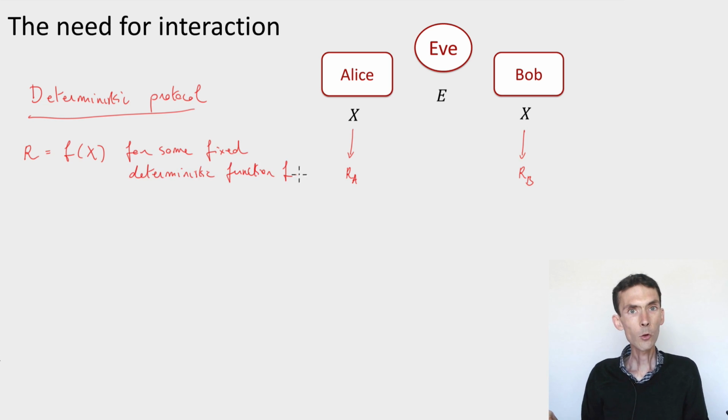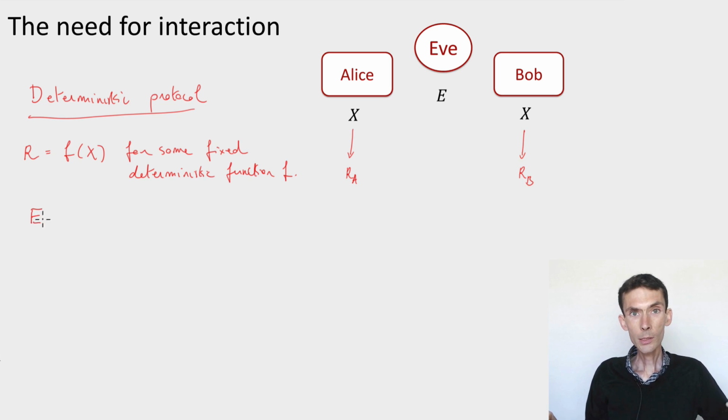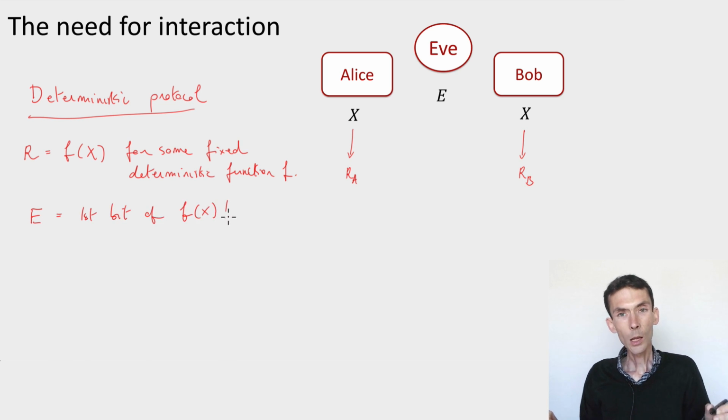And then I claim that the eavesdropper can always break this. What's the idea? Well, we could just simply take as side information for the eavesdropper the first bit of f of x. So that's just one bit of side information. It's something that the eavesdropper could keep. I'm assuming that f is a public function, right? The protocol, everyone knows what the protocol is, and if the function that's applied is always the same, then the eavesdropper also knows what function is going to be applied.